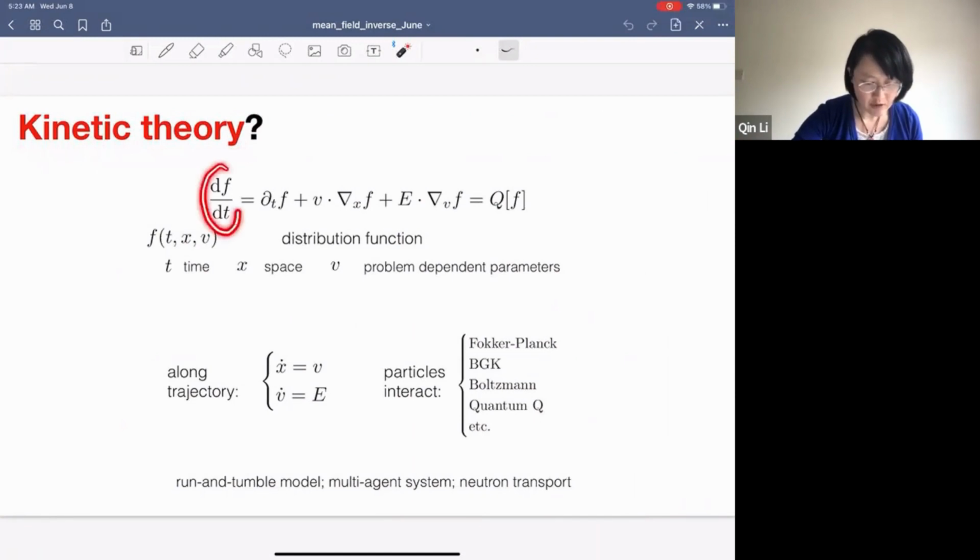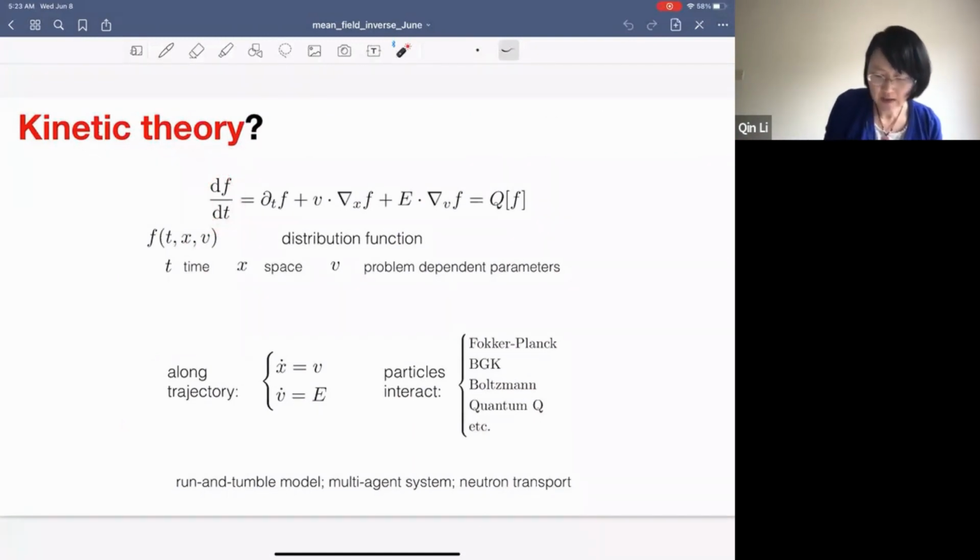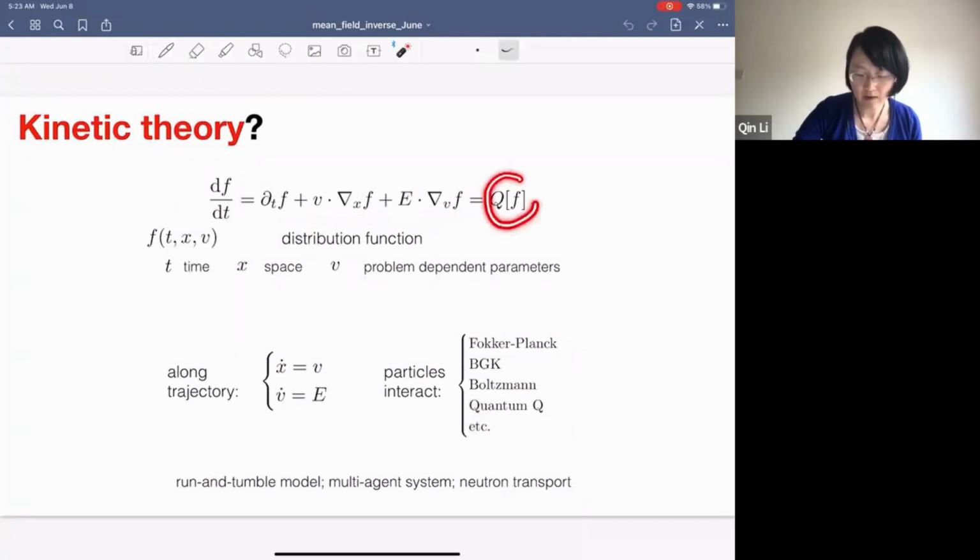So the distribution of the particles gets scattered around, and the term on the left tells you how particles move, and the term on the right tells you how particles interact. T is usually the time, X is usually the space, and V is some problem-dependent parameter.